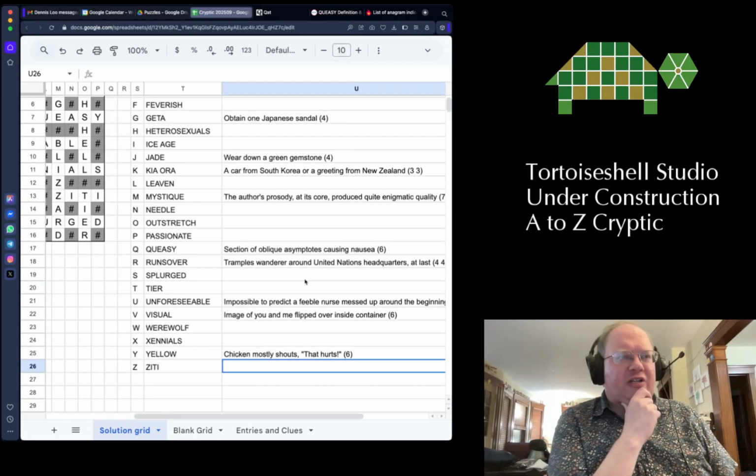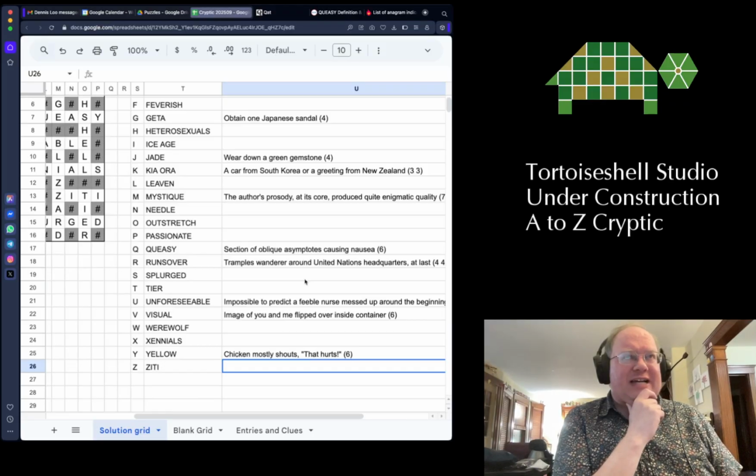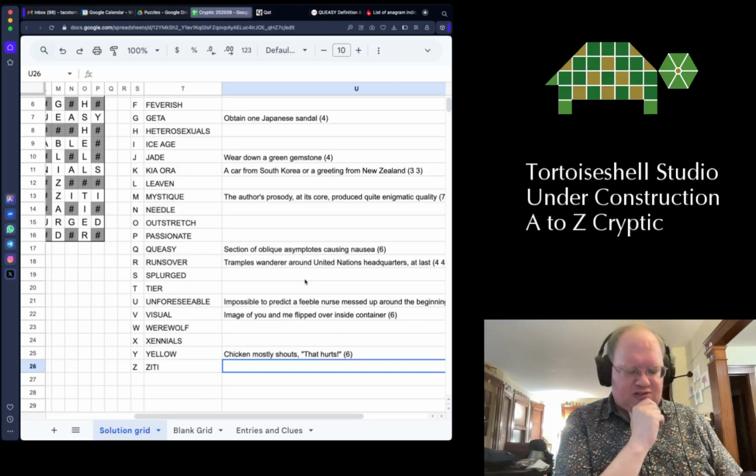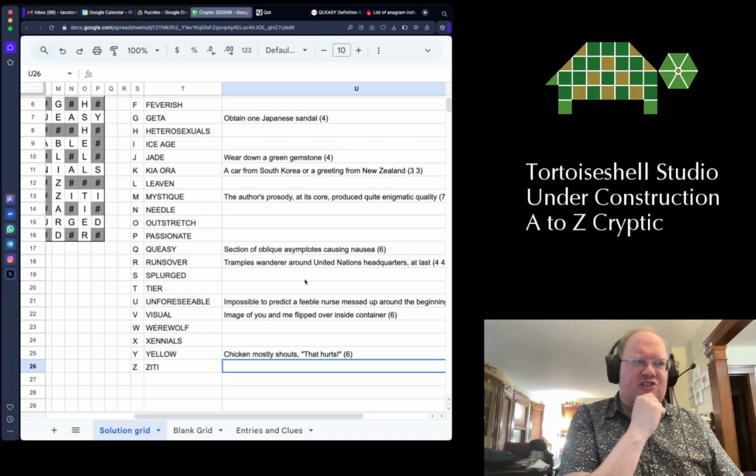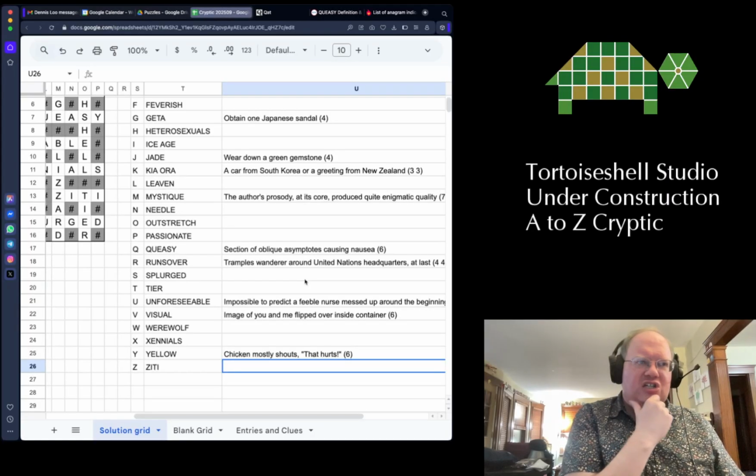So I think this is going to be a reversed hidden of something with maybe digitized as the indicator.